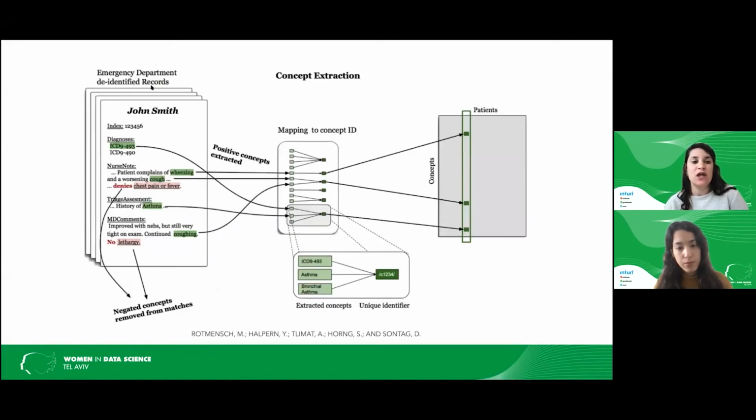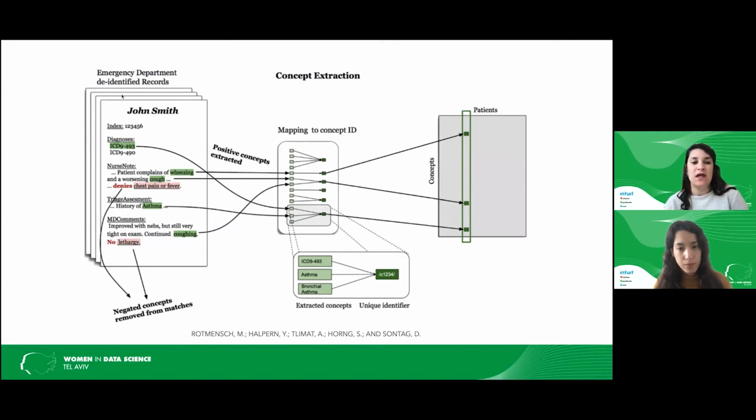So the main idea here is to take all the unstructured data, all the textual data, and extract concepts from this text. For example, a concept can be a symptom: cough, chest pain, fever.